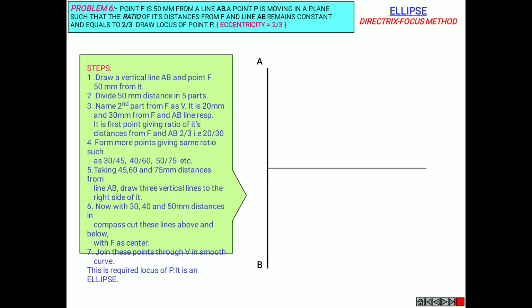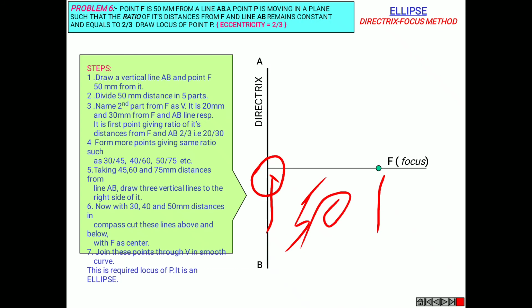So it's telling us to draw a vertical line AB and point F at the center, 50 mm from it. From the AB line to this center, that will be 50.